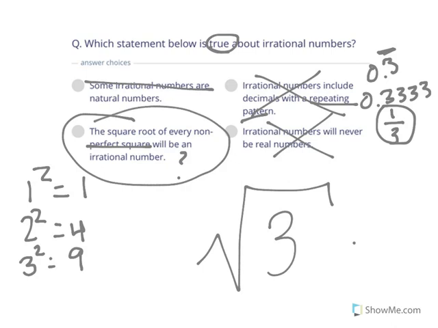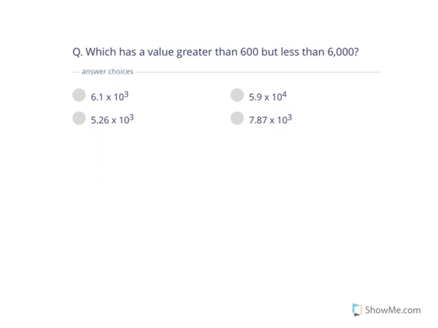Okay, so I'm going to hit next. Which has a value greater than 600 but less than 6,000? Okay. Scientific notation. Remember, with scientific notation, the numbers greater than are on the right, which is positive.